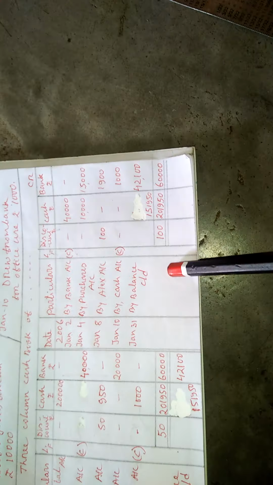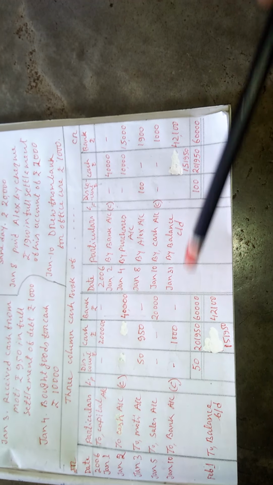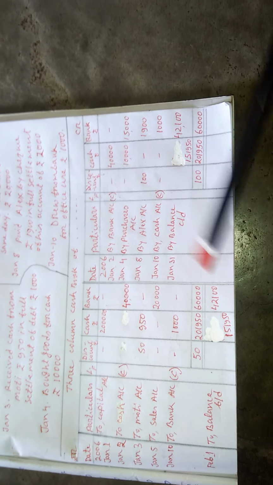That means 1,900 plus 1,000 is coming 17,900. So from 60,000, if you minus 17,900, the balance is 42,100. Here, this is balancing date, the last date. As we have seen in the single and double column, the last date of the month, it is balanced. So it is 42,100.